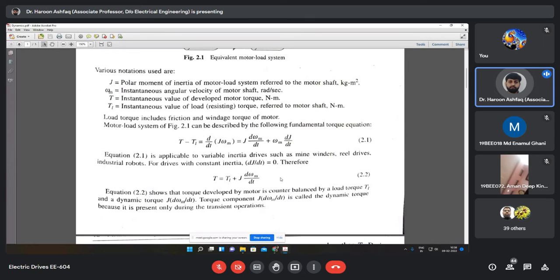First, we'll be talking about the matching of the motor load characteristics in the speed torque plane, and then we'll be talking about the stability analysis, whether the characteristics which have been matched actually yield a stable operating point or not, simply by judging the characteristic properties on the T omega plane.